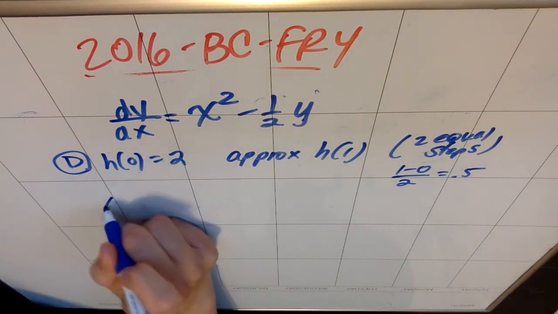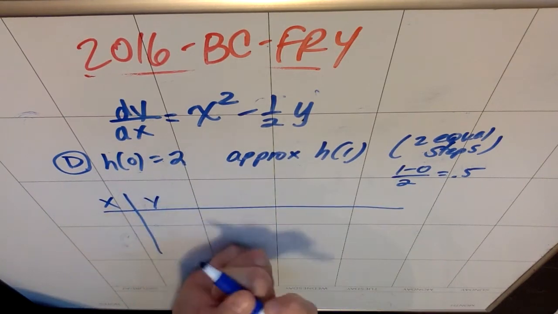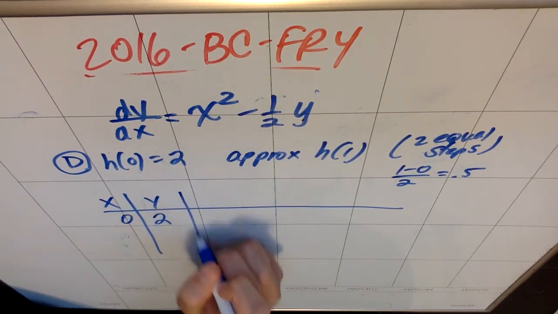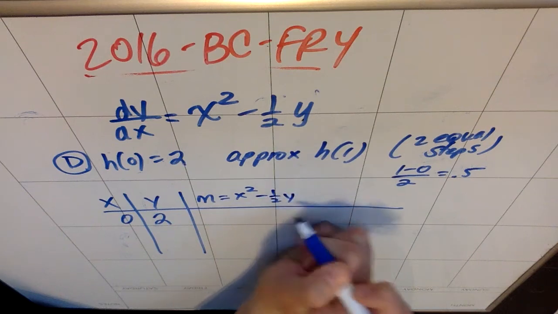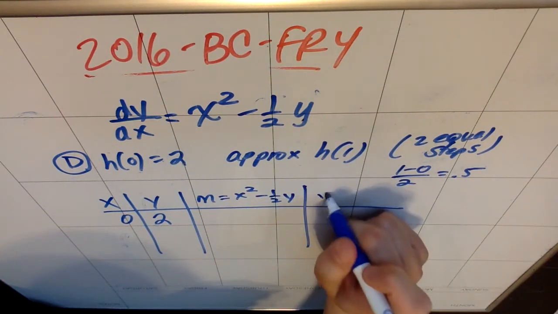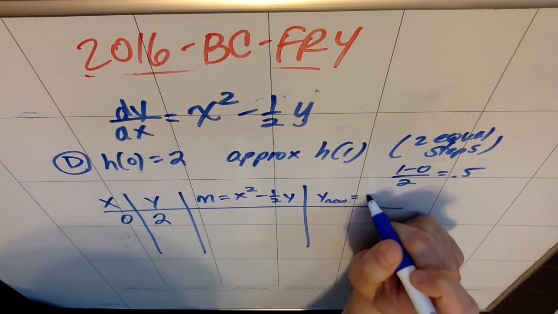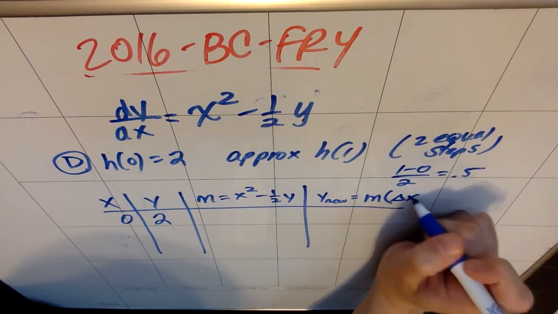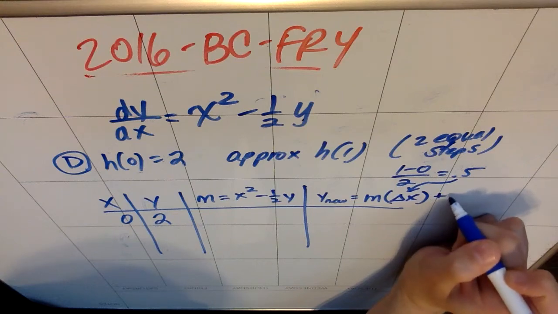So when I make my little table, and again, not everybody uses a table, it's just kind of my jam, I know that the original point is 0, 2. I know that my slope is x squared minus 1/2 y. And then I use point slope, essentially, because that's really what Euler's is, to find my new y. It's the slope times x minus the x value, which would just be delta x, which in this case is 0.5, plus the y old.